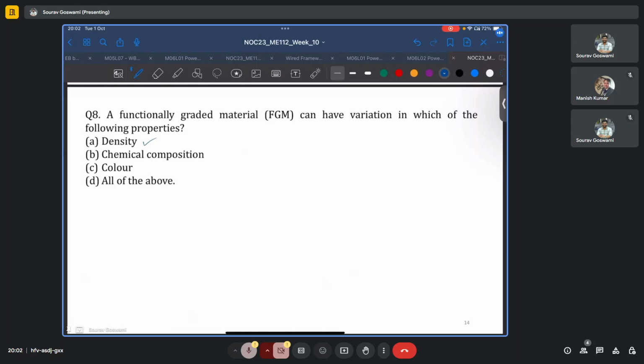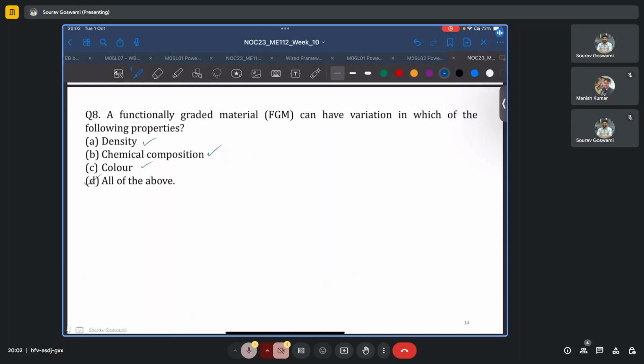One I can recollect is that of copper and tool steel. Is it color? And we saw some color-based FGMs during our initial discussions, where small transparent or translucent parts were made with different colors. Those colors were not just on the surface, but all the way through. And in fact, FGMs can have variation in all of these properties.